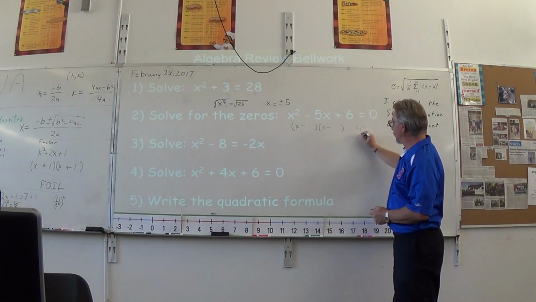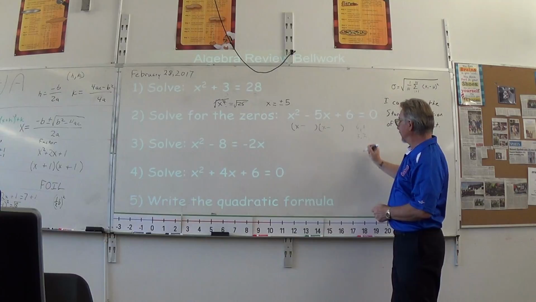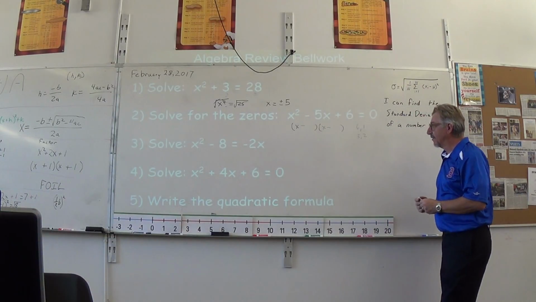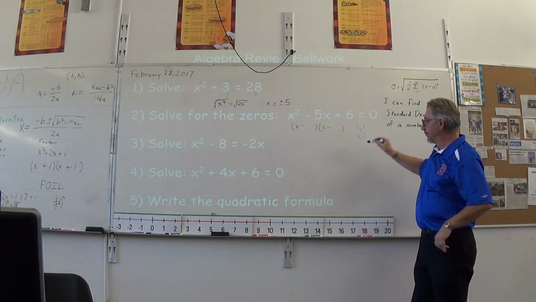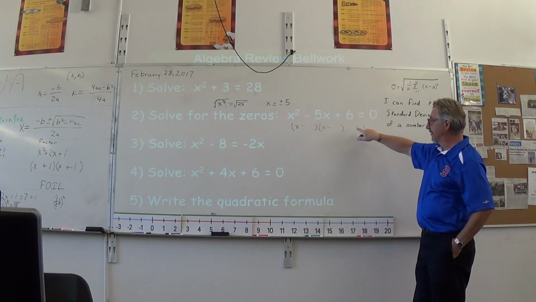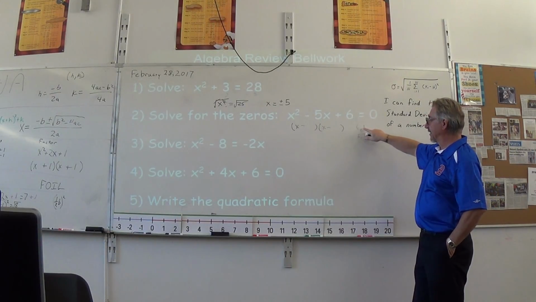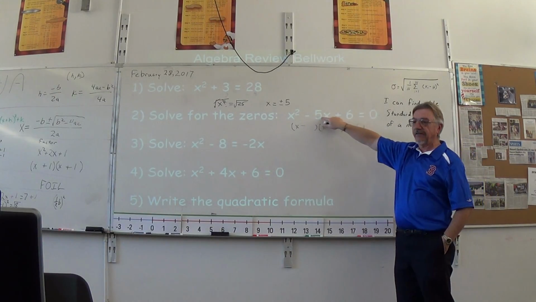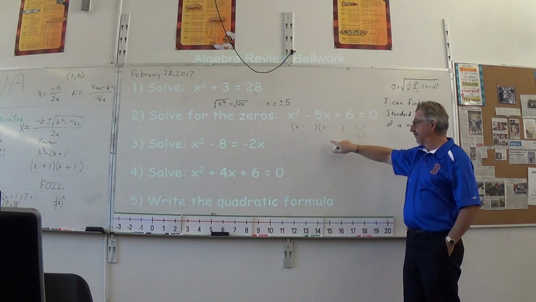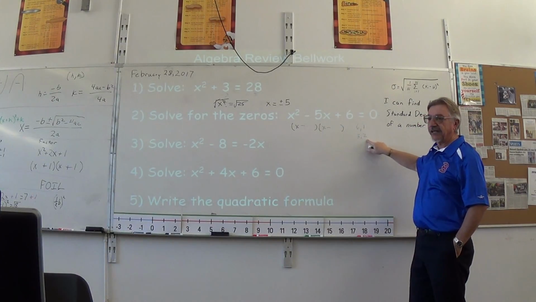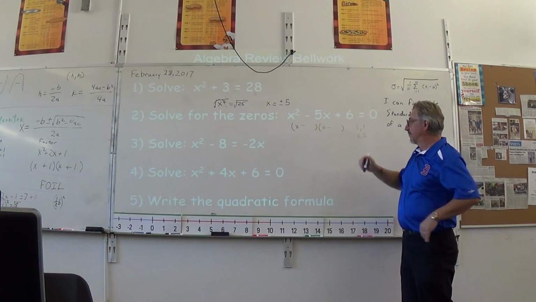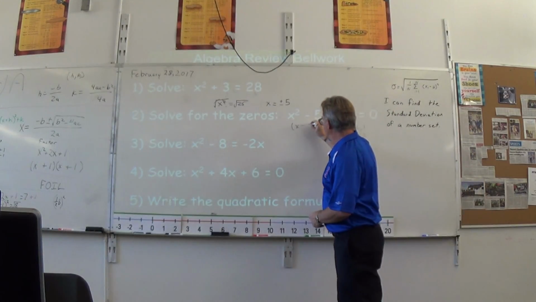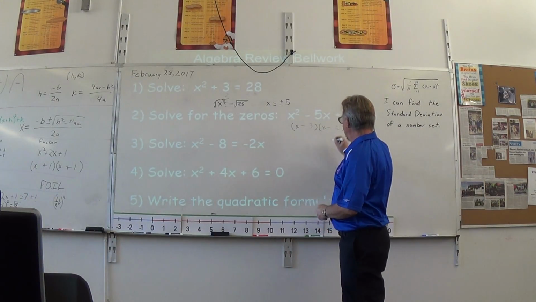So I have 6 and 1, 3 and 2. If I had negative 6 plus negative 1, would that give me negative 5? Negative 3 plus negative 2? Yeah. So I've got x minus 3 and x minus 2.